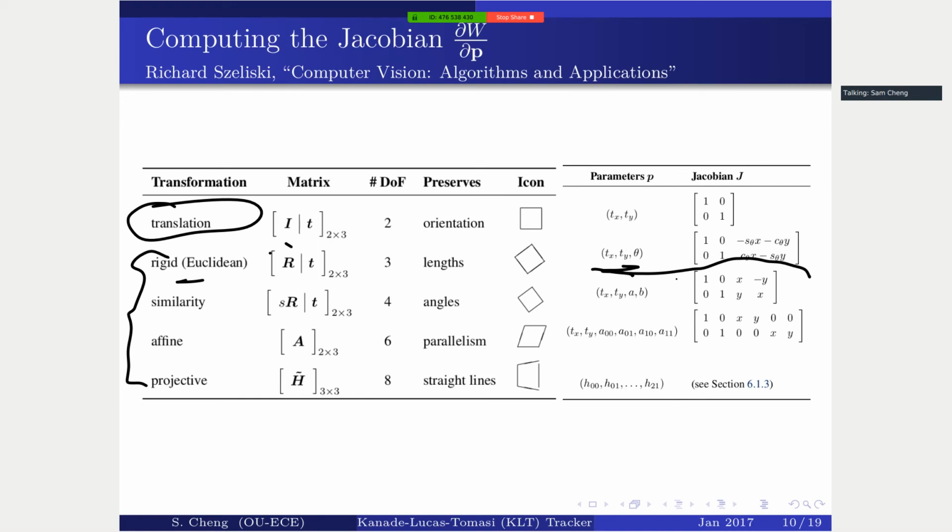What kind of model you want to use depends on the application basically. If you think it's only up to rotation, it won't have too drastic, I don't know, shear, or of course you can go all the way to projective transform that has more parameters.